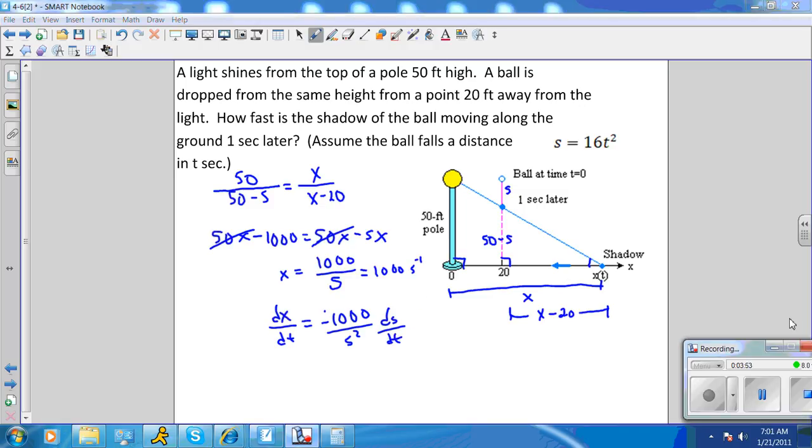And since we're assuming that the distance s is 16t squared, we want t to be at 1 second. We're going to be able to say that s, therefore, is 16, since 1 squared times 16 is 16. So we can plug that in.